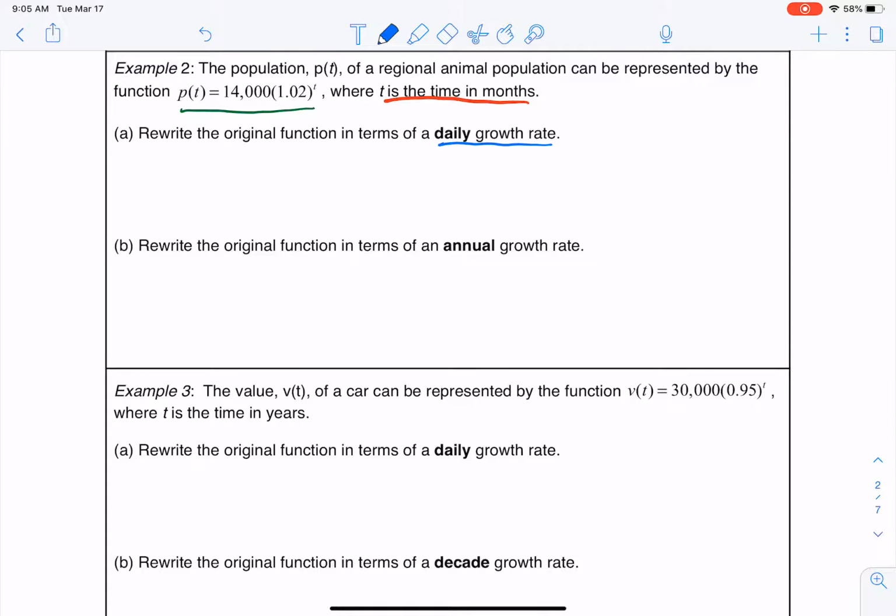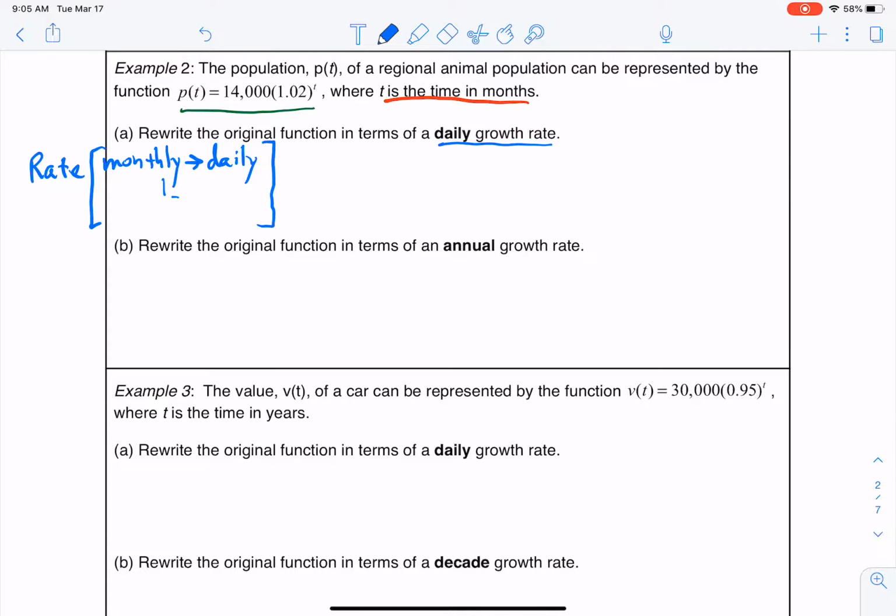So you should have said that here we are changing our rate from something that is monthly to something that is daily. All right, so to figure that exponent out, or what we're going to raise our rate to, there's really, for our purposes, always going to be 30 days in a month.